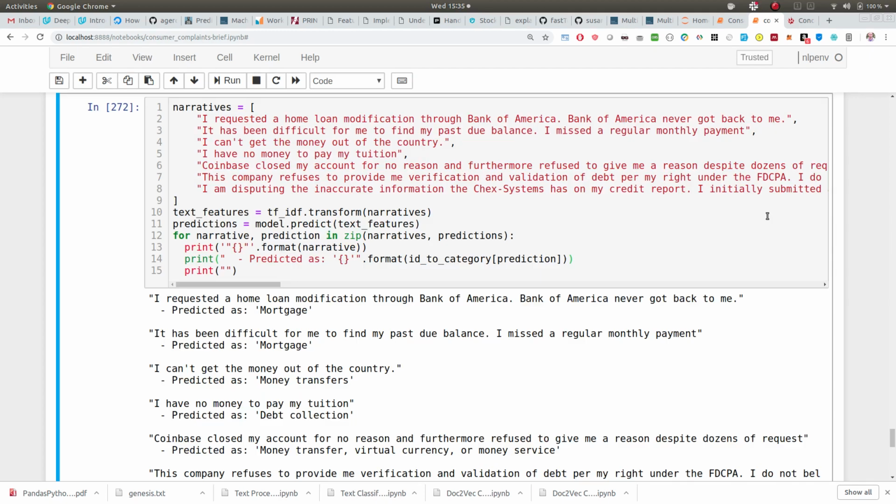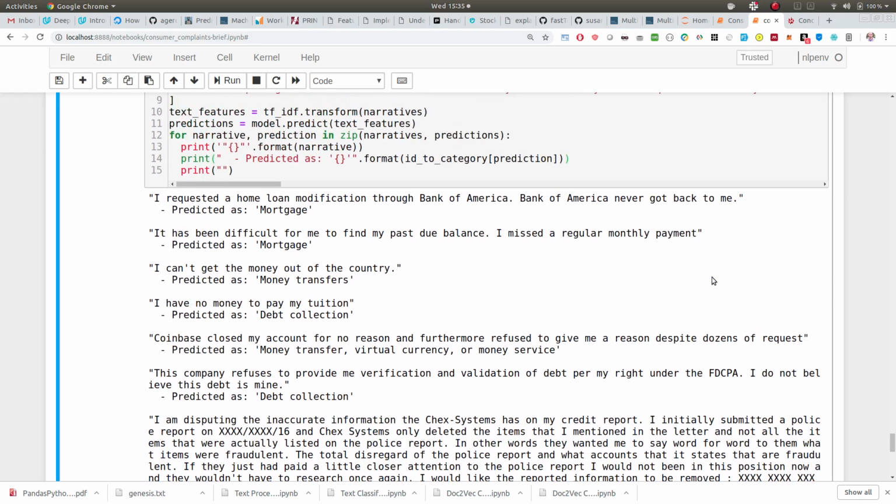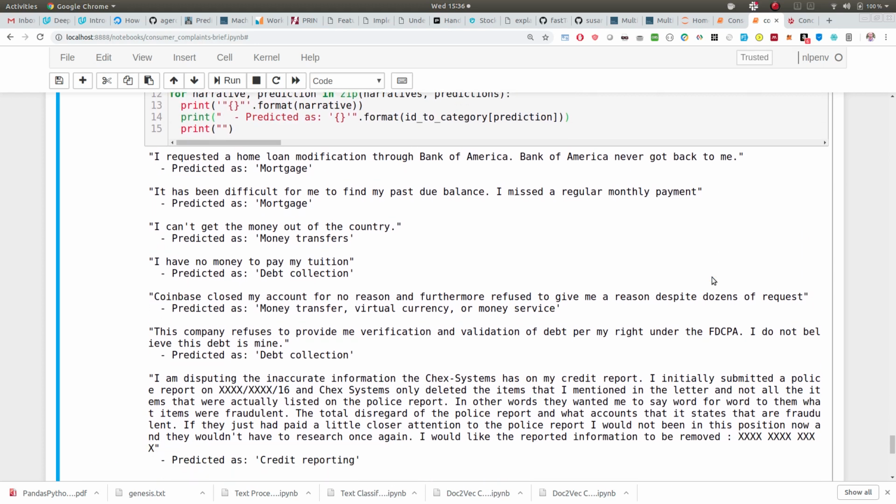Here we run the same tests as we did earlier, but this time using the linear SVC as the model to predict. The outcomes are improved. For example, I can't get my money out of the country comes back as money transfers rather than debt collection.